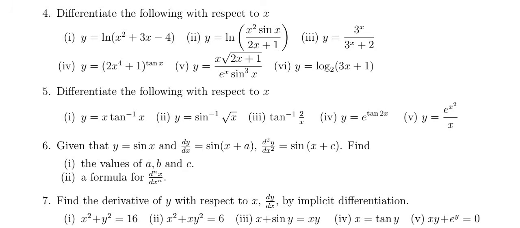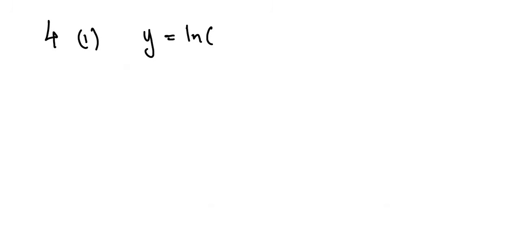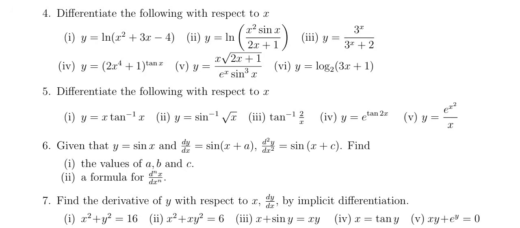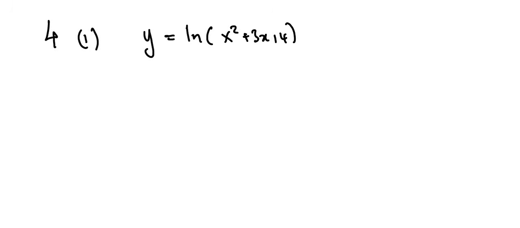The first one is y equals ln(x squared plus 3x minus 4). To differentiate this, we are going to use the chain rule.